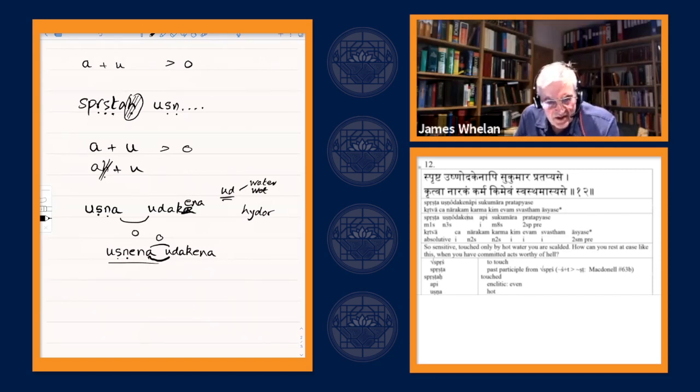So sprishta ushnodakenapi, and the ena is the instrumental, with hot water or by hot water. So sprishta ushnodakena means touched or sprinkled, splashed with hot water. Followed by api.